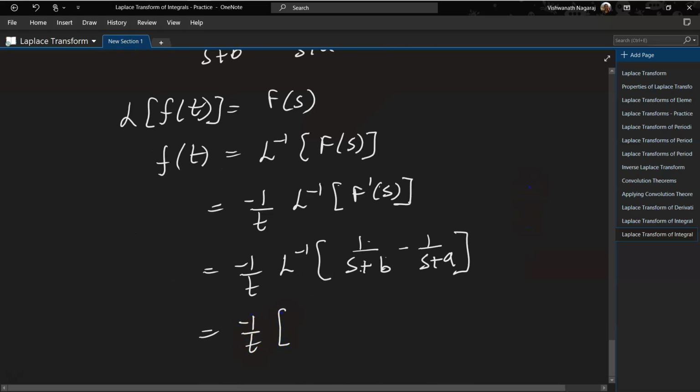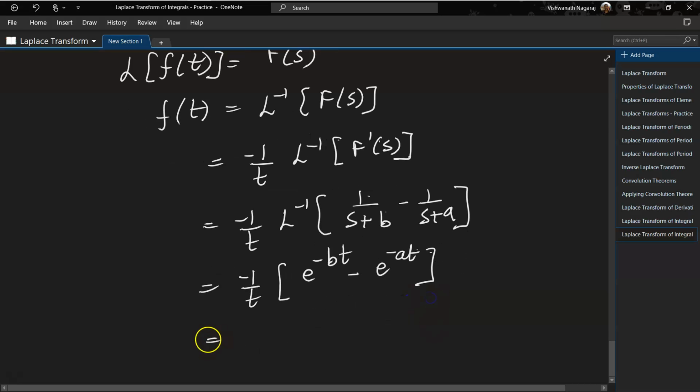Now Laplace inverse of this is what? e to the power of minus bt minus e to the power of minus at. And just so that we can read it properly, we can write it as e to the power of minus at minus e to the power of minus bt by t.